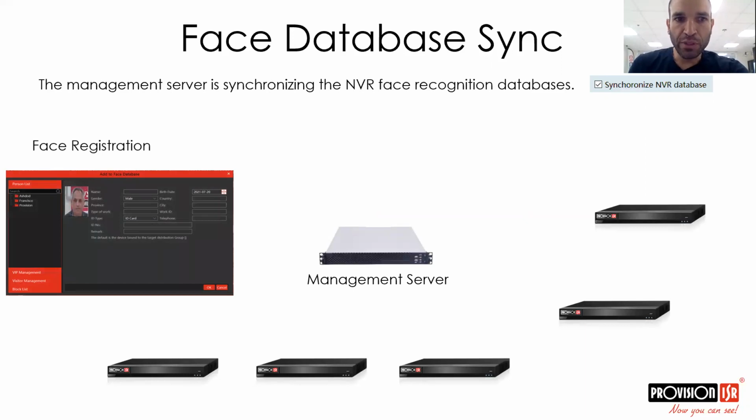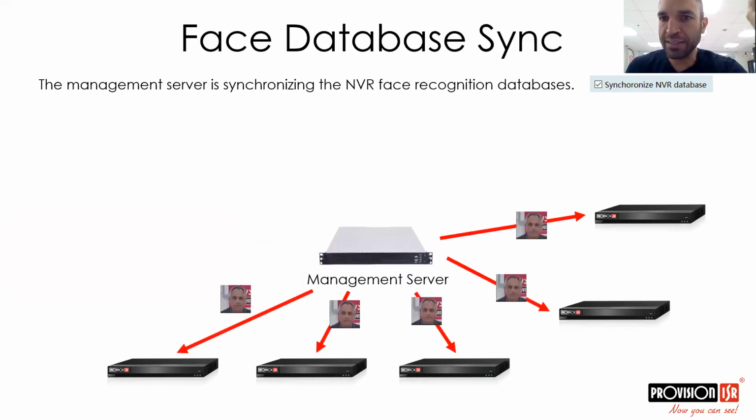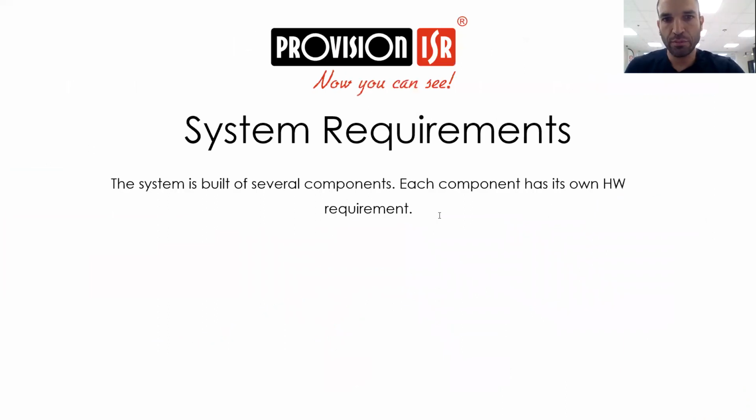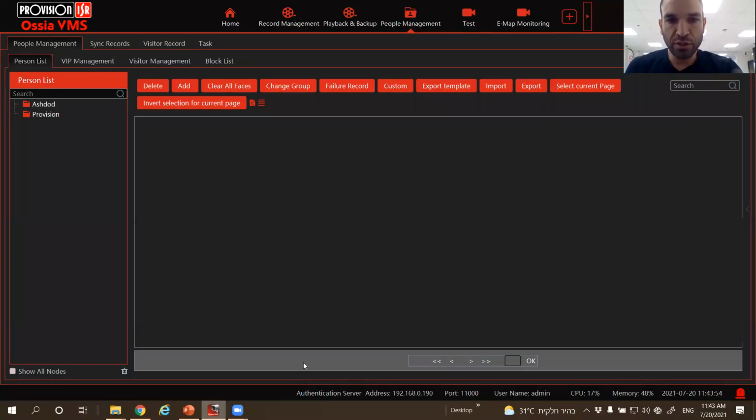Face registration: we register the person to the management server, and the management server will automatically dispatch the face to all of the NVRs. So from this point on, all of the NVRs will recognize this person, okay? This is just the general explanation.